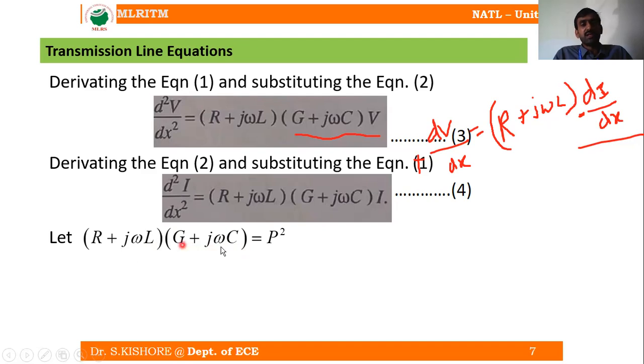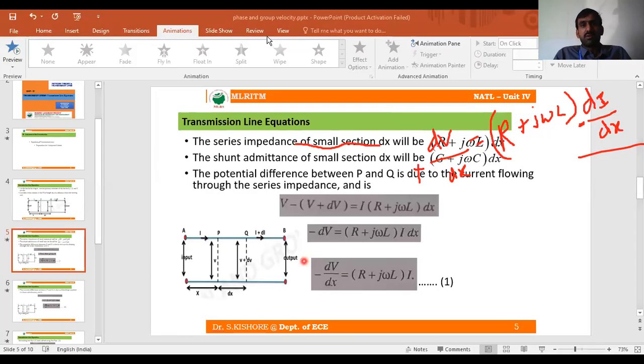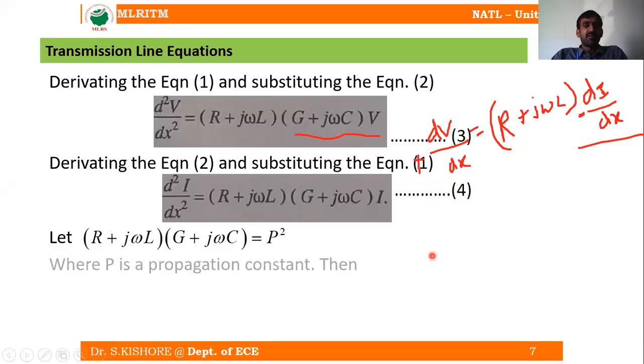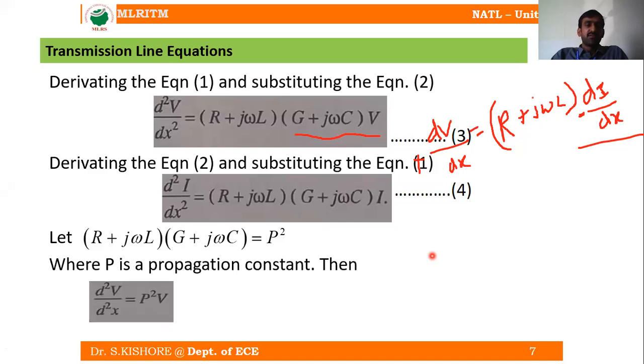So as we have considered r plus j omega l into g plus j omega c as p square, we get d square v by dx square is equal to p square v.